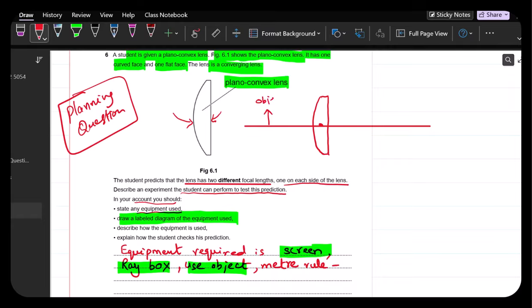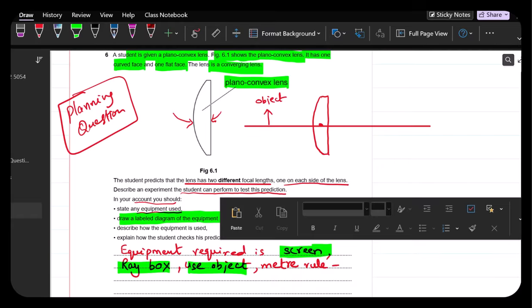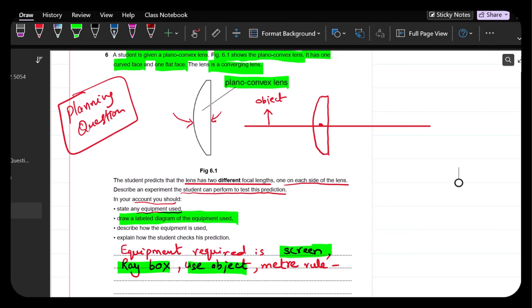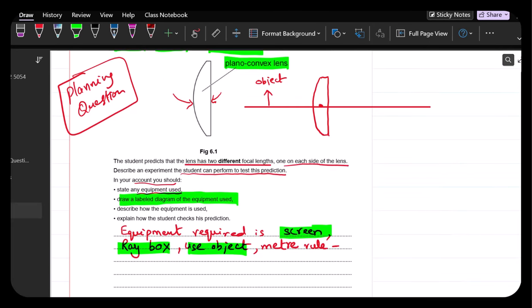You can use an illuminated lamp as well, a lamp with power supply. You can write that in the equipment as well, but that is not too important. So I can draw a lamp here as well. Here I have a lamp and this is the power supply. You have to label it as well: object, lamp, power supply, lens.